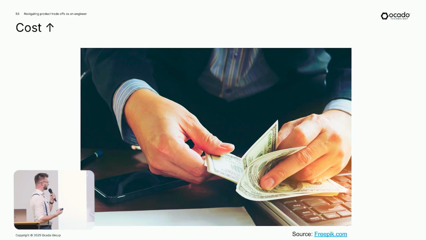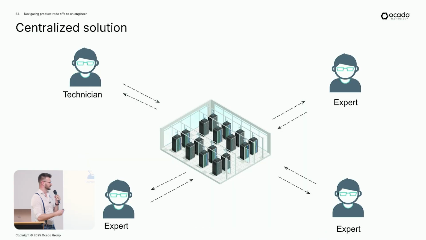So the trade-off was that we had to increase the cost of the solution. As a result, we completely reworked the architecture so that there was a centralized server which took care of the communication, which allowed this solution to scale really nicely for one-to-many connections.